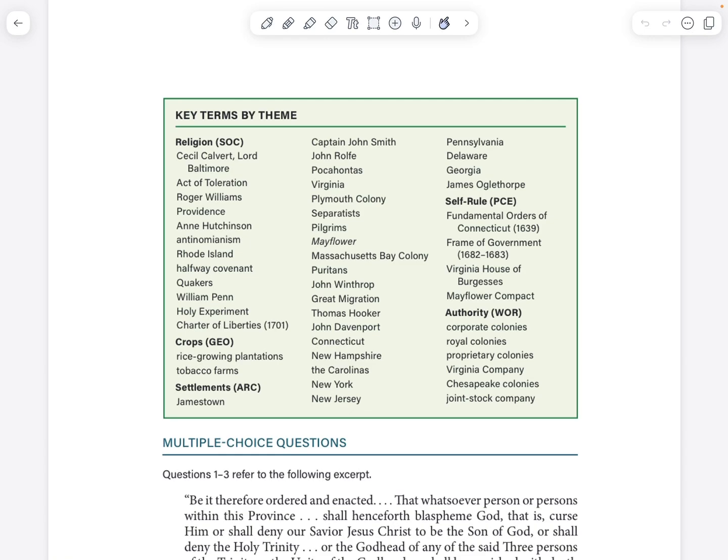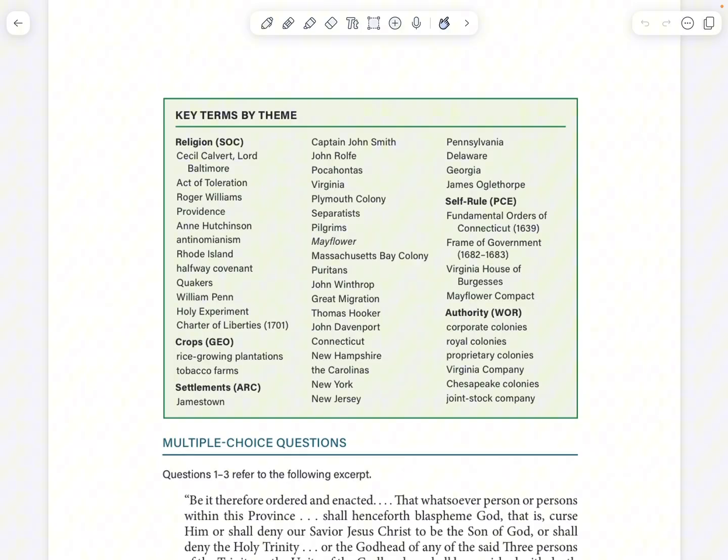Thomas Hooker, John Davenport, Connecticut, New Hampshire, the Carolinas, New York, New Jersey, Pennsylvania, Delaware, Georgia. James Oglethorpe, Self-Rule, Fundamental Orders of Connecticut, 1639.